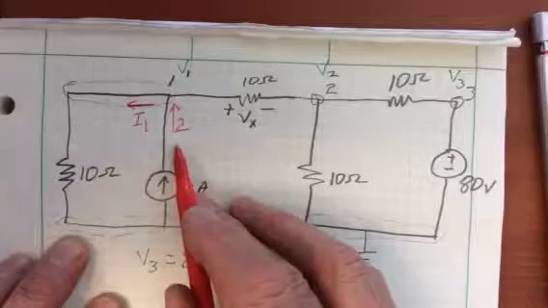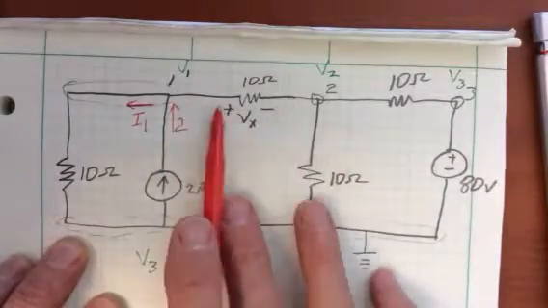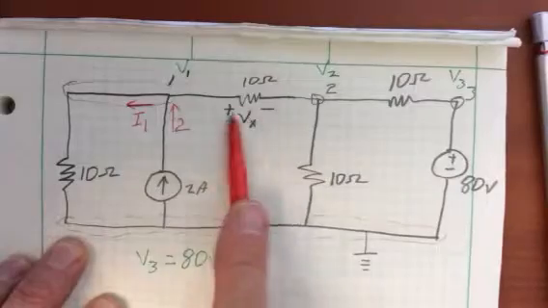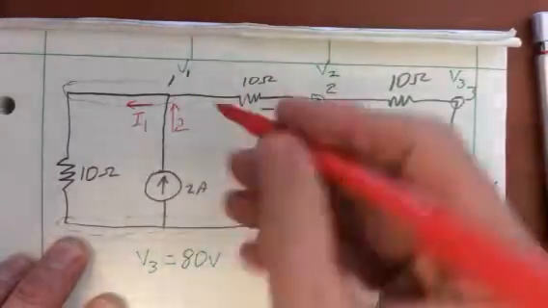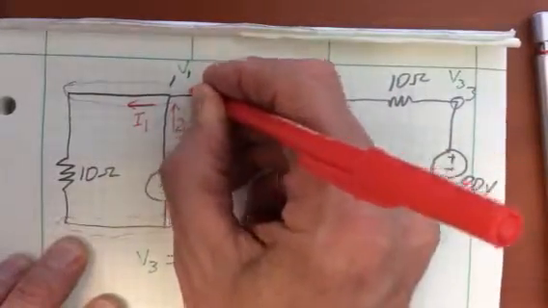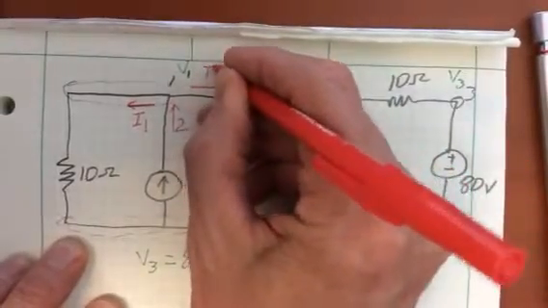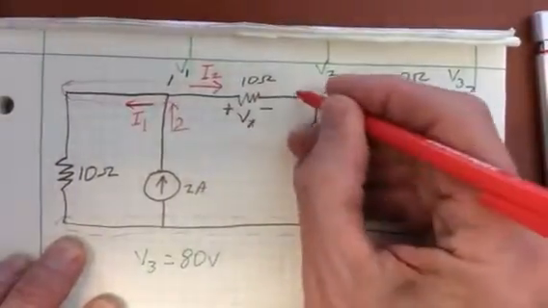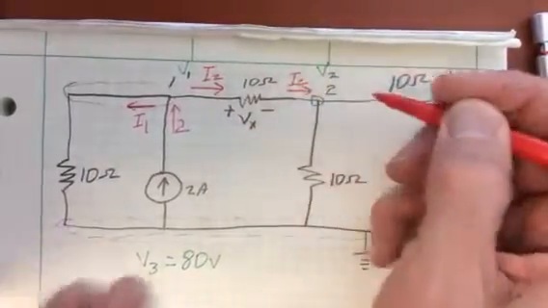Then I'm going to have some current in this leg. Will it be in or out? Well, this polarity suggests, since it's a passive device, the current must be flowing from left to right. So let's call that I2, which would make this current 2.